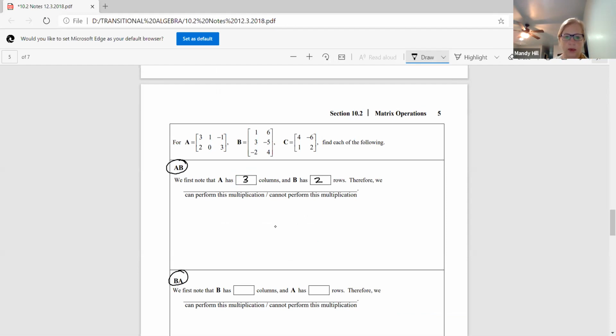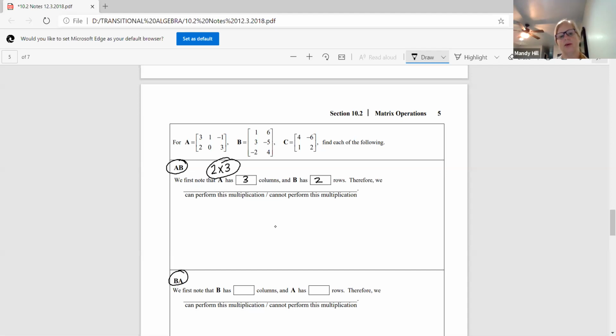So this is a 2 by 3 matrix. Therefore, can we perform this multiplication or not? Well, it depends on what B has.